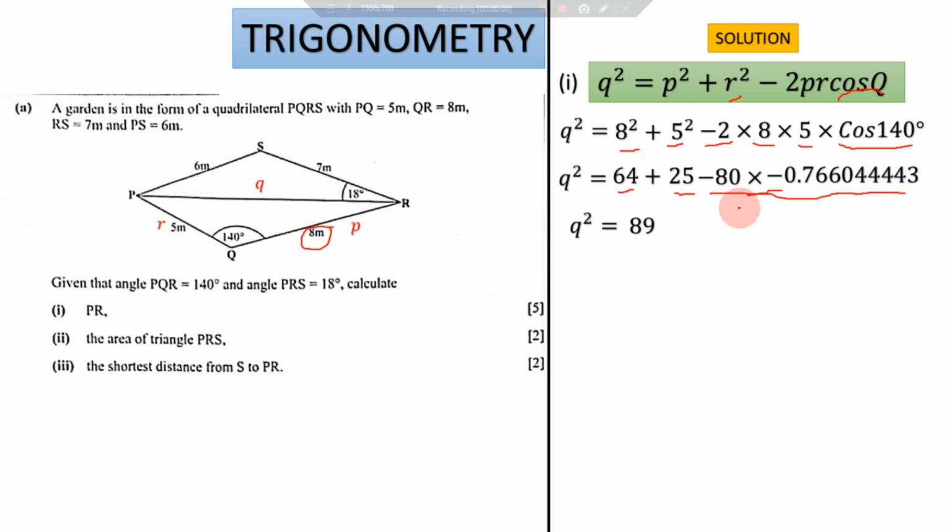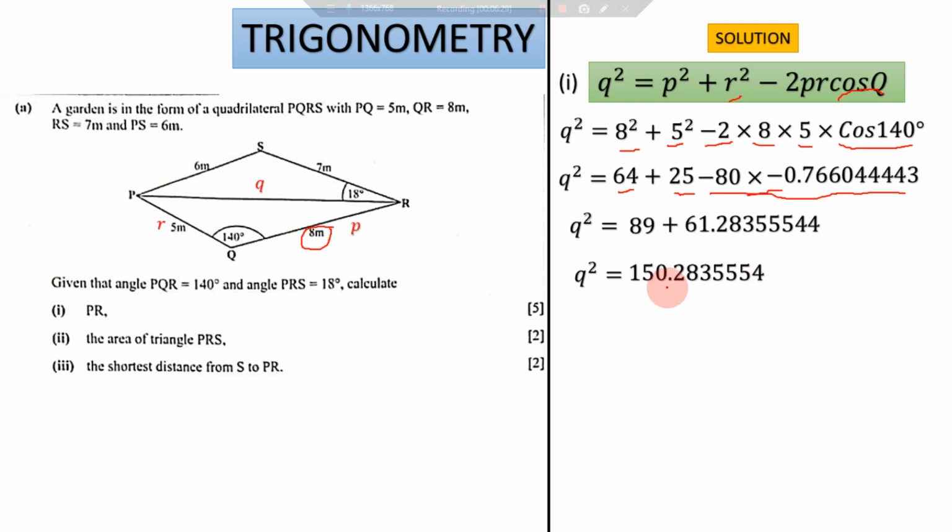We multiply those, we're going to get a positive 61.28355544. Now that's when I can add. So adding 89 plus 61 point these values, we're going to get 150.2835554. I'm not rounding off.